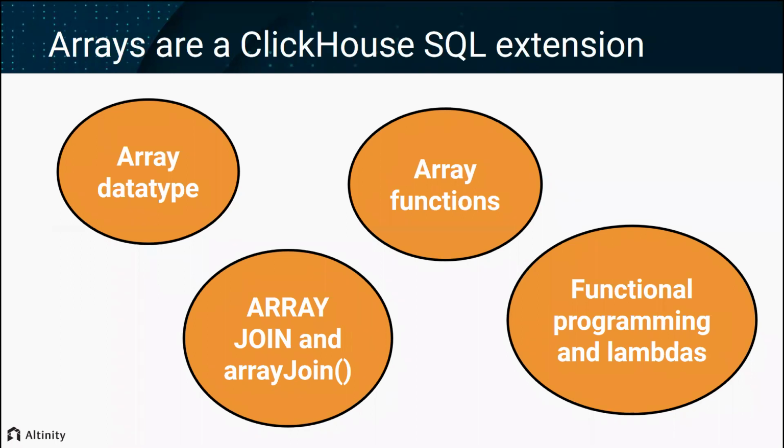And perhaps most importantly, for unlocking the power, many of the array functions implement a functional programming model that makes heavy use of lambdas. We're going to dig into that because once you understand that, it opens up the door to performing all kinds of interesting processing using these array functions.